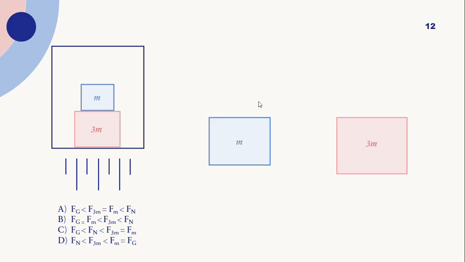Let's start with the box of mass m. Like the problem says, it has a gravitational force acting on it, which we'll label as F sub g. It also has a normal force acting on it, which is the force the box of mass 3m applies to it. These are the only forces acting on this box, and for the net force acting on it to point up, F sub 3m must be greater than F sub g.